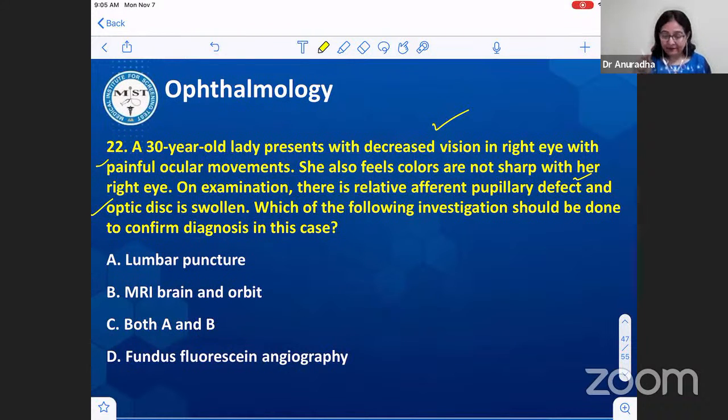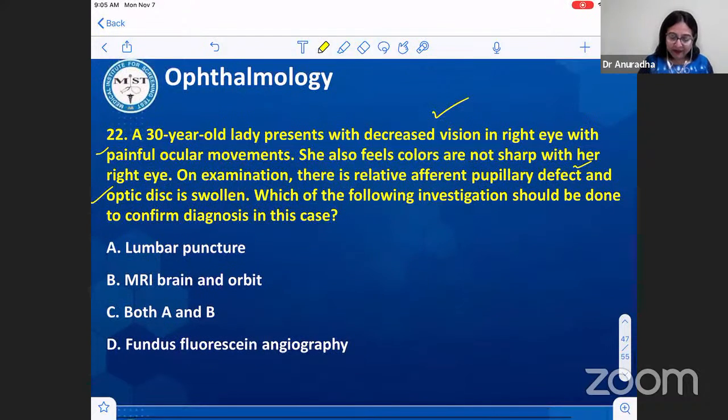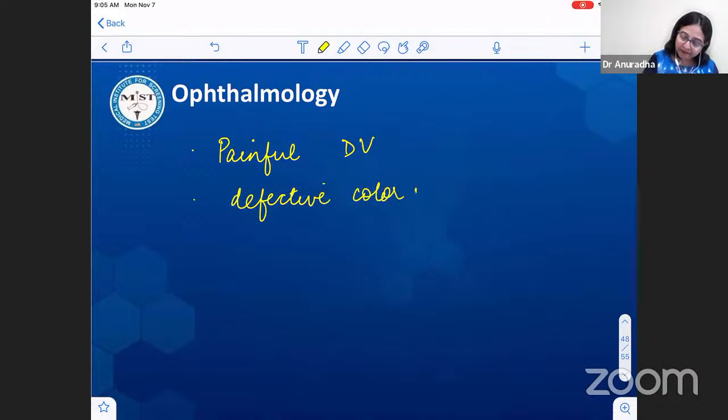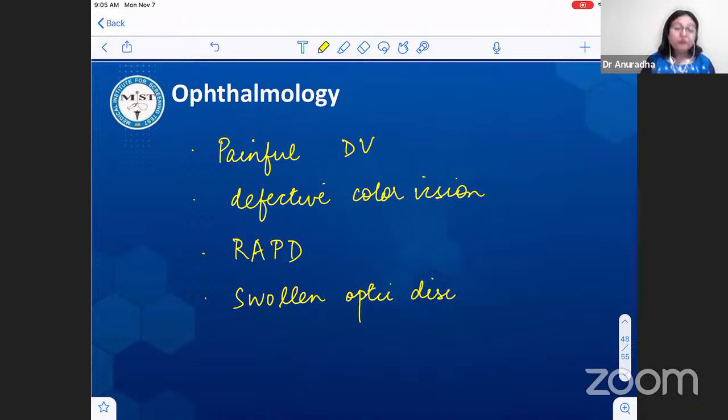So let me summarize: painful decreased vision, defective color vision, RAPD, swollen optic disc. That is, there is most likely inflammation there.